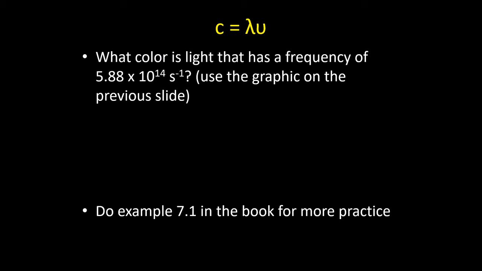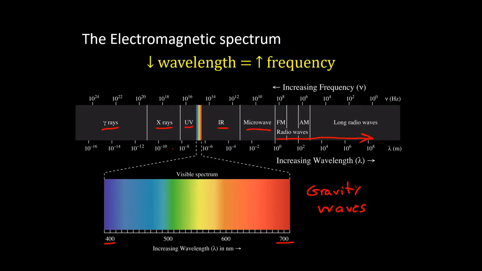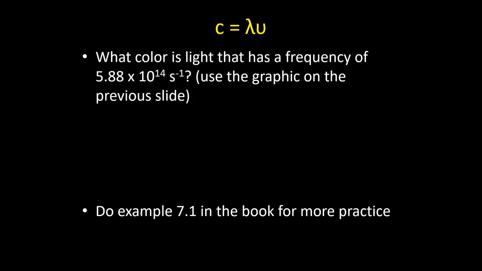If you notice here on this graphic, we're not given frequencies for the different colors. We're only given wavelengths. So we're going to have to convert this frequency into a wavelength, just like we did 30 seconds ago.